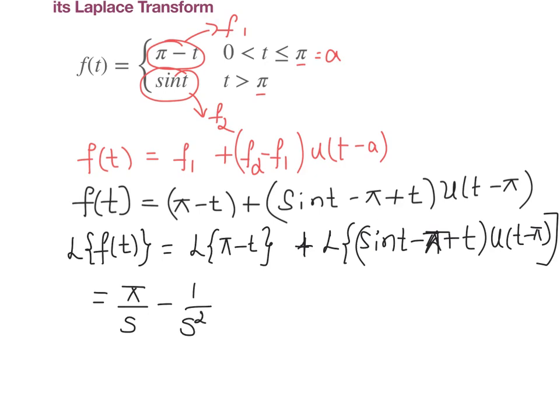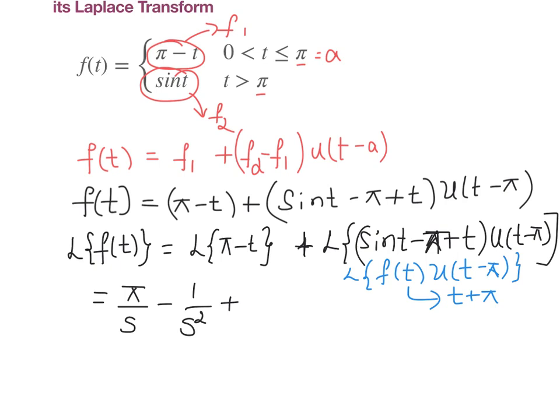s square. Next we have it in the form of Laplace transform of f of t into u of t minus pi. So this is the Heaviside shifting property. We need to shift t to t plus a, that is t plus pi from our problem.